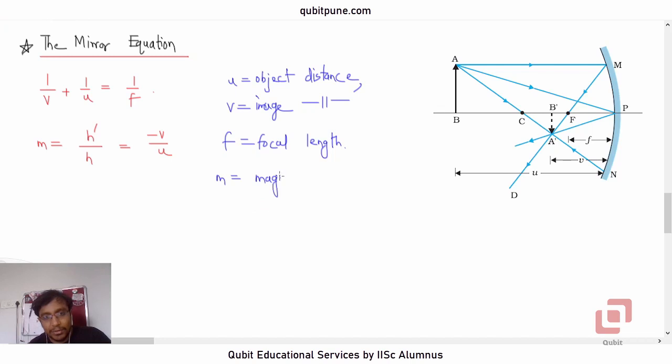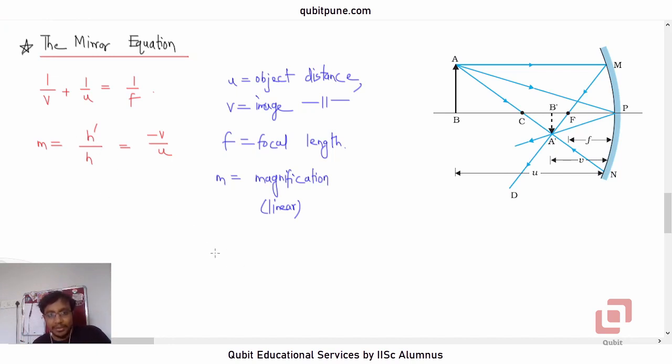In this case we talk about linear magnification. What is meant by linear magnification? By linear magnification we mean the ratio of heights of the image and the object. Because we take the ratio of lengths, it is linear. If we take the ratio of the angles subtended by the object and the image, then that becomes angular magnification, which is important in the case of telescopes.